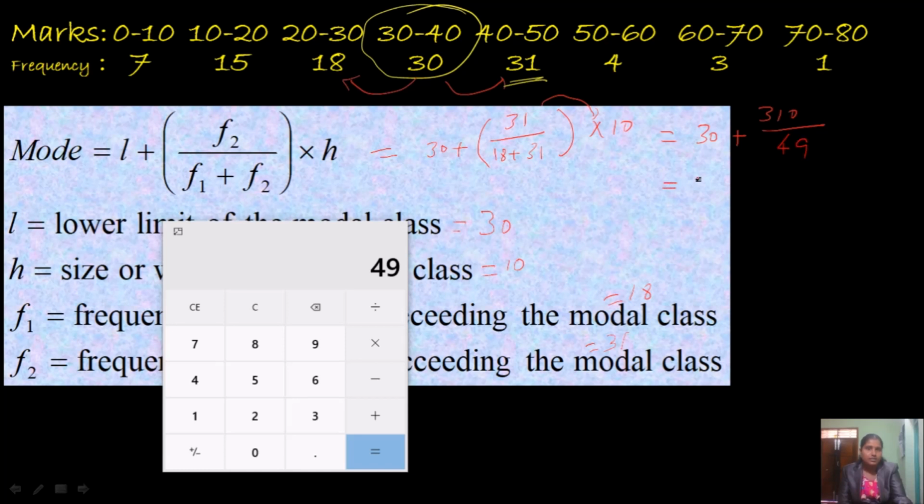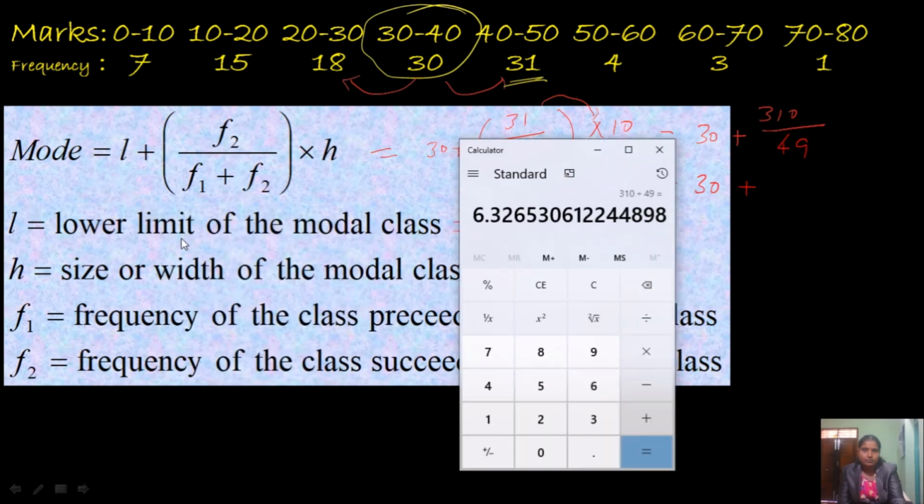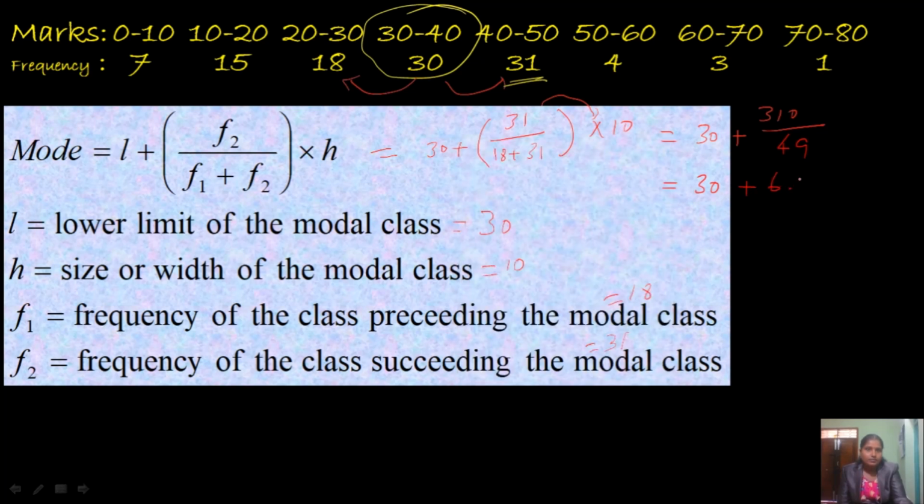So this is equal to 30 plus, when we divide 310 by 49, we have 6.3.